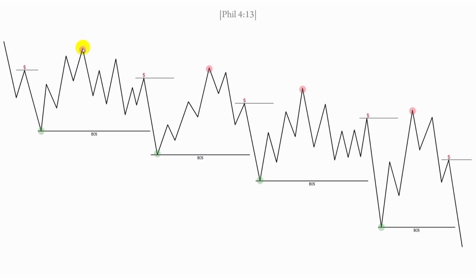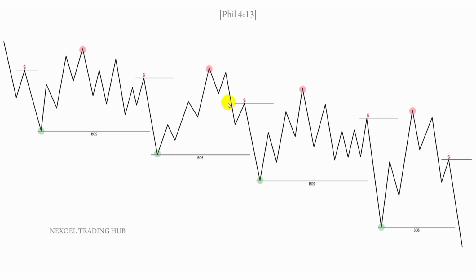And now you can see price fell to the downside, creating the inducement, the buy side liquidity. Now, to validate this as a lower low point, we want to see price return and raid the internal range liquidity, which is now the buy side liquidity or what you can call the inducement. So now we have price created this lower high point.